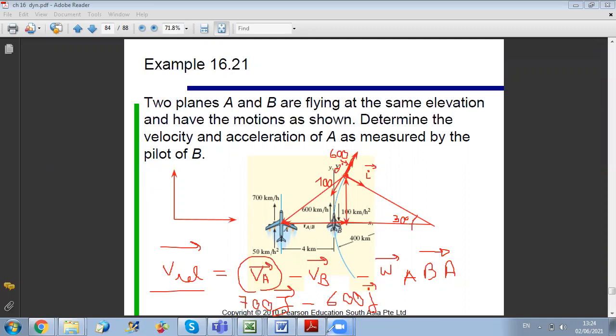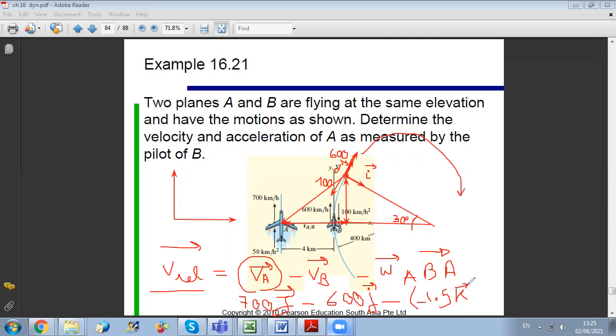I should express big J as a function of small i, small j, or express small j as a function of big I, big J, but I cannot add them as they are. So pay attention. Okay, now minus omega, which is along k. Omega did not change, it is still clockwise. Okay, and it is along positive k, so minus 1.5k.